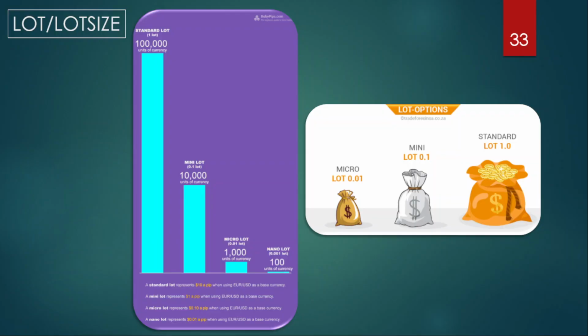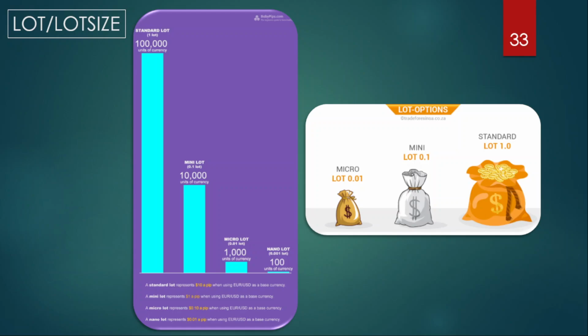And then we have what we call a micro lot. For micro lots, we could talk of lot sizes like 0.01, 0.02, 0.03. Many people trade this one.